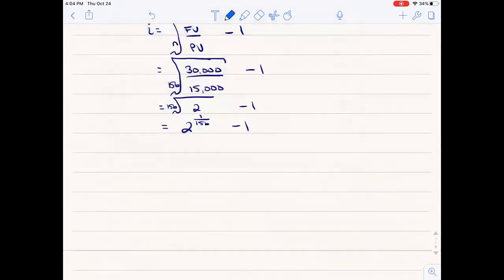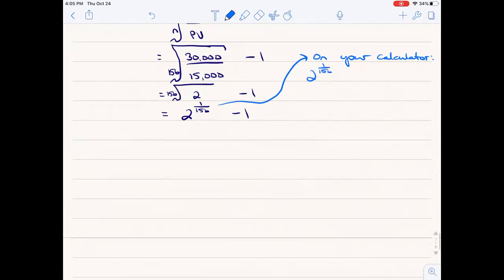And so on your calculator, 2 to the power of 1 over 156, you're going to have 2 on the screen and then hit the y to the x button. And then I would put brackets around, right? You've got these bracket buttons over the 7 and 8.